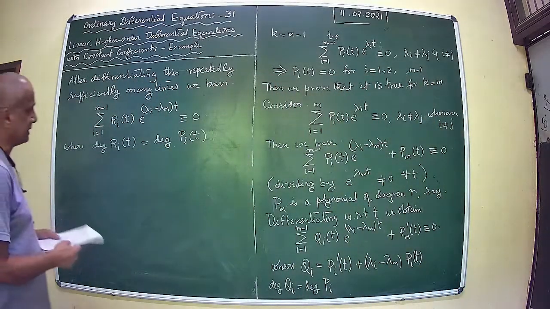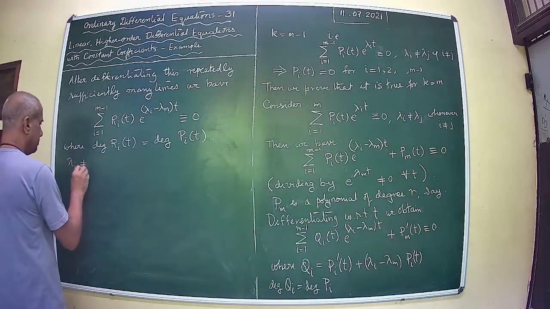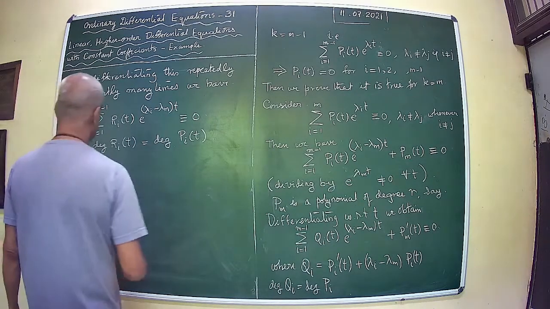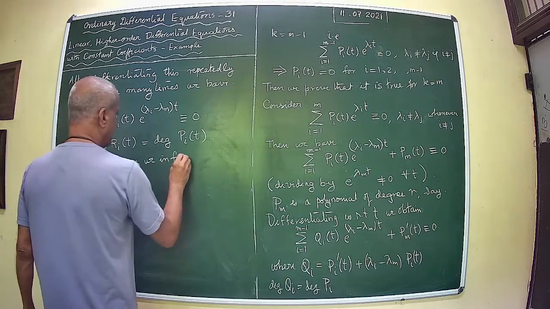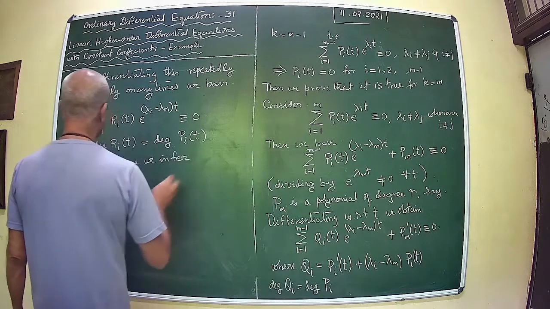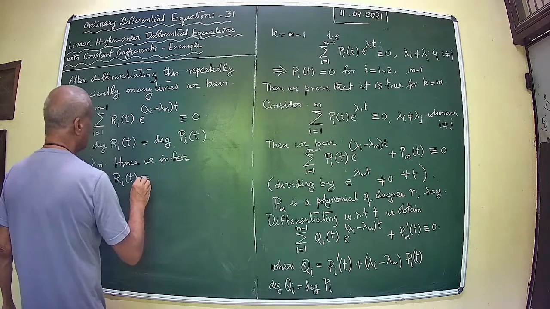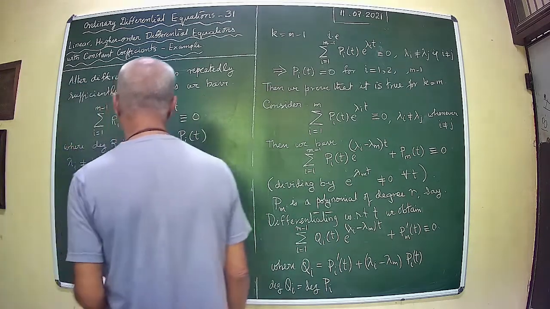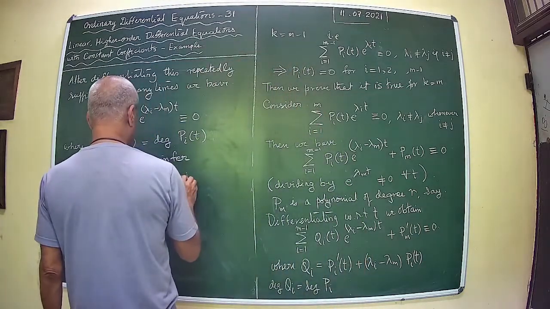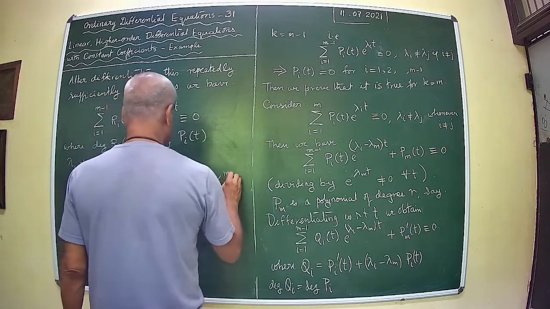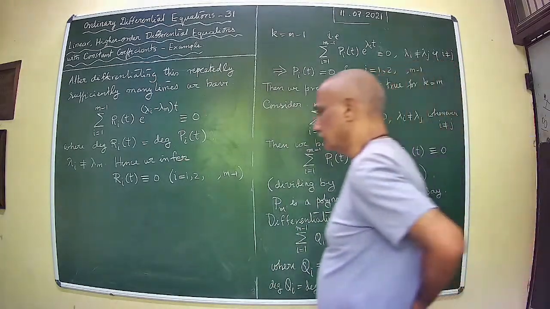Now from which you know lambda i minus lambda m is not equal to 0. Hence we infer Ri t is identically equal to 0, that is using the induction hypothesis.